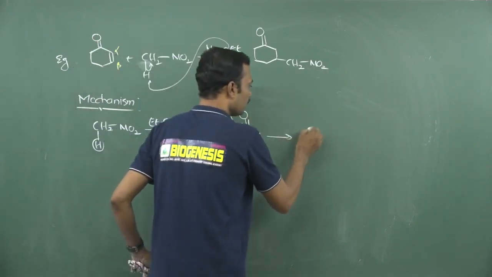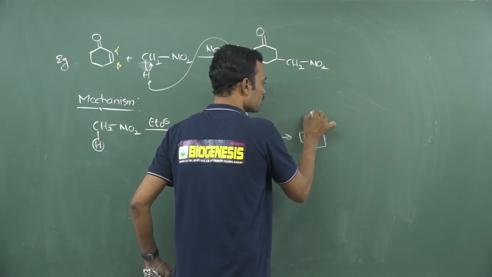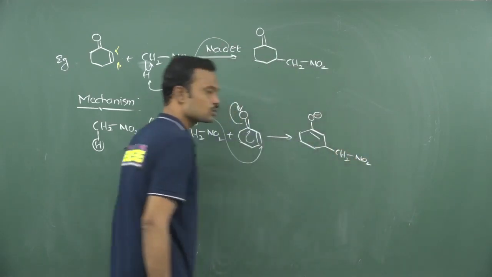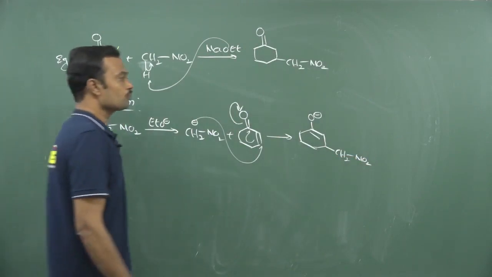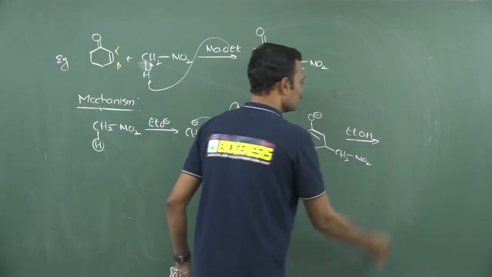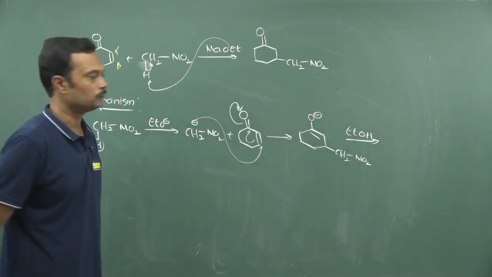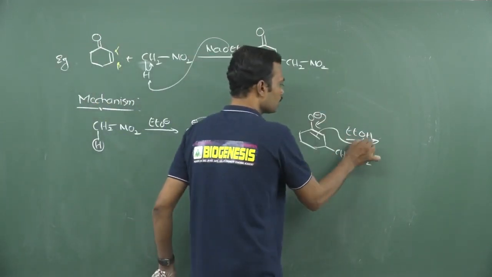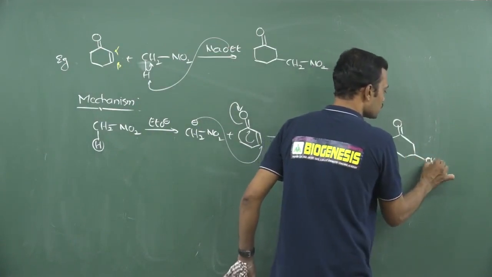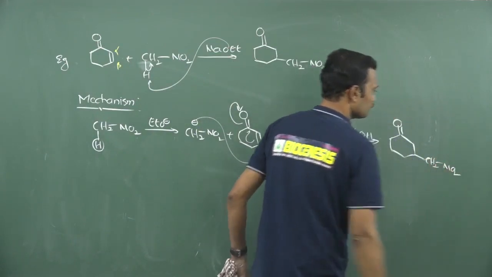So you will get an enol form. This is O minus and this is CH2 and this is NO2. So this is called conjugate addition. After conjugate addition, this will take a proton from the base-captured alcohol. Finally, this alpha carbon carries hydrogen and this carries CH2 and NO2. That is the answer.